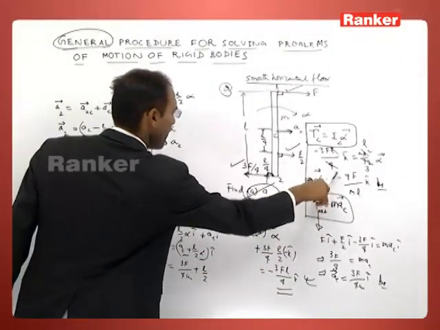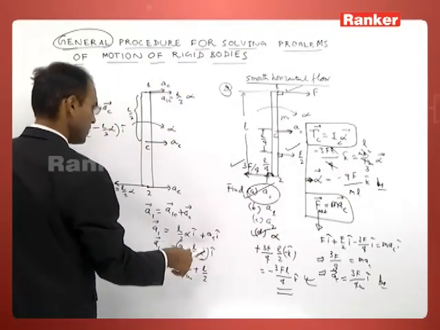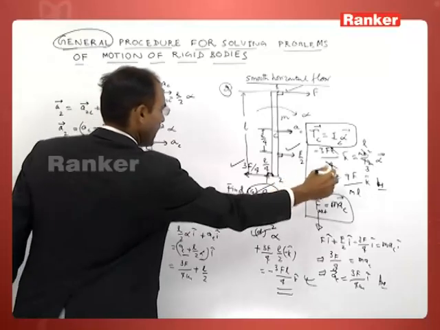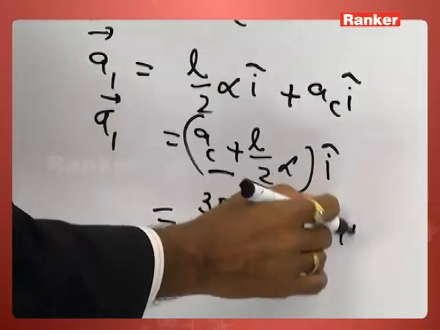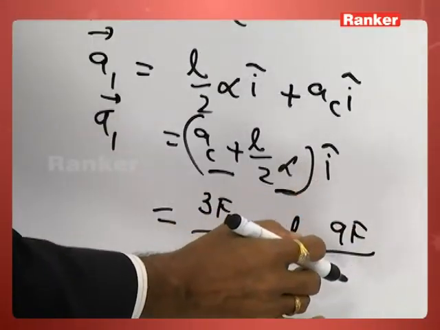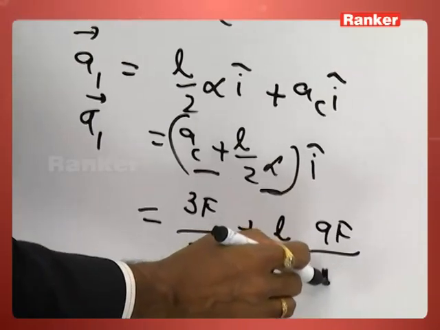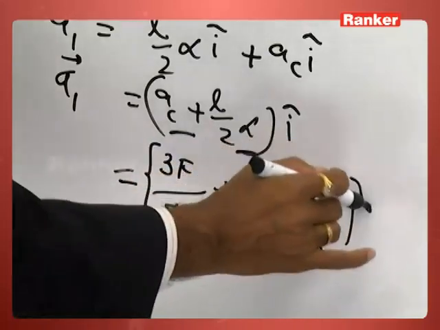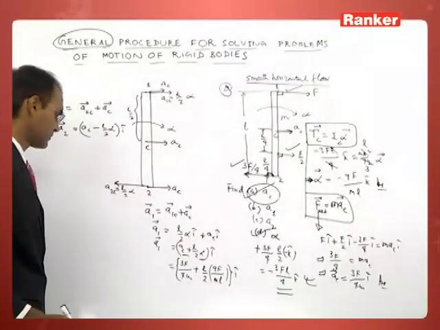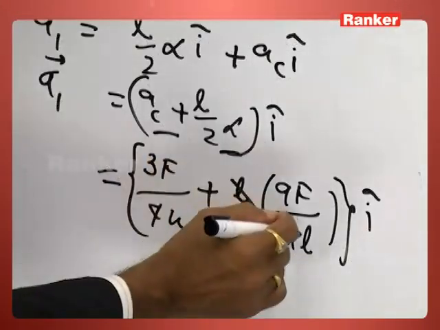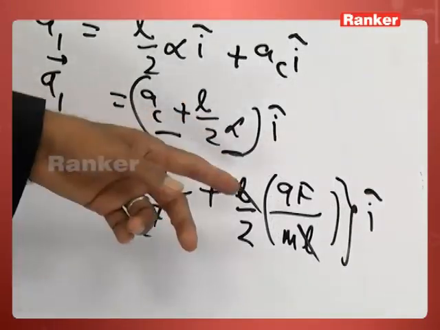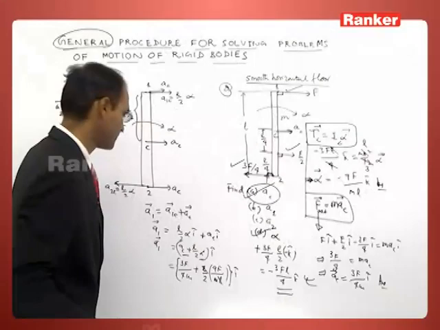You should not substitute minus k cap. The direction part already you have mentioned. These are the magnitudes, 9F by mL, into i cap. So L will be getting cancelled. 3F by 4m plus 9F by 2m.